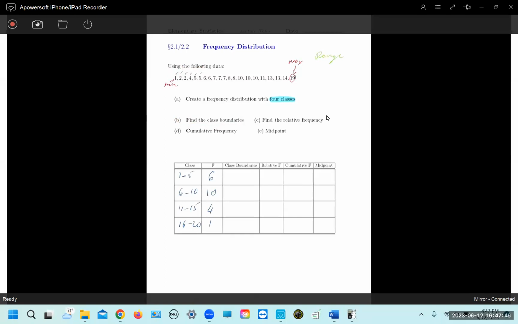So we have 19 minus 1, which is 18. 18 divided by 4 gives us about 4.5, so we say 5 is the length.